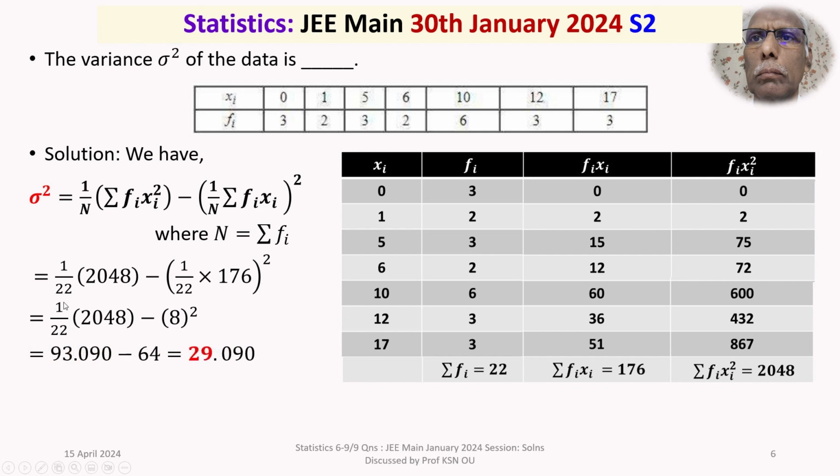This is 1 by 22 into 2048, which is 93.090, minus 64. It is 29.090. So this is a numeric value question. You have to write down the integer value of that. So therefore the answer to this question is 29.